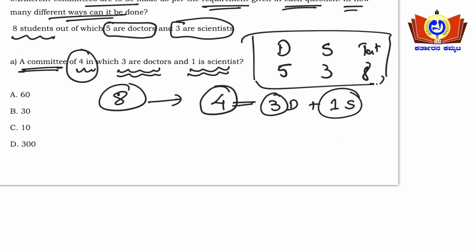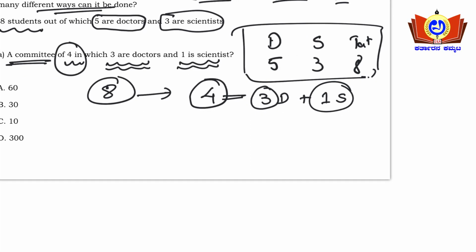See here, out of 8, I'll be using a different ink here. Totally 8 students are there, yes or no? In that you need to form the committee of 4. So I will write 4 here. This will be equal to, in that, how many doctors? 3 doctors should be there.